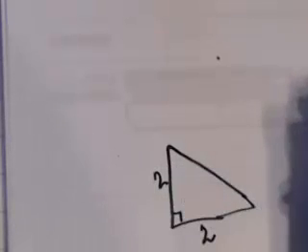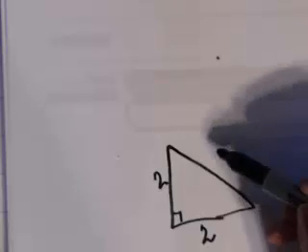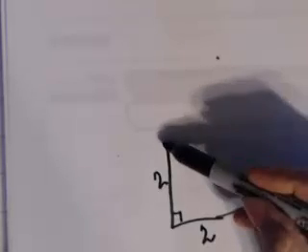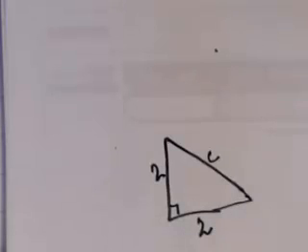So let's say that you have the right triangle with a base of 2 and a height of 2, and you're looking for this segment so that you can find the perimeter.